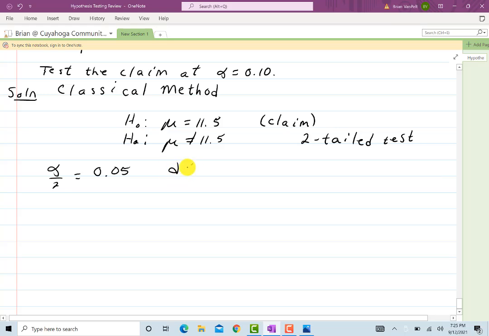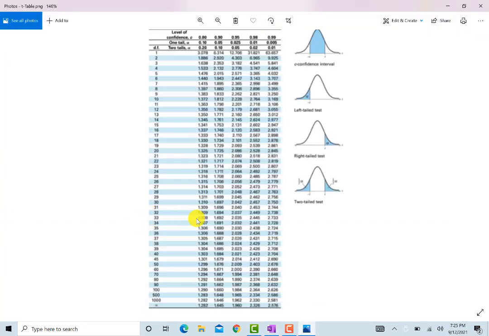Our degrees of freedom, in this case, df, is 34 minus 1, and that's 33. So alpha is 0.05, df is 33, and we're ready to get our t naught. Remember, you're going to get a positive and a negative because it's a two-tailed test. I'm looking at the 33 row, but the 0.05 column. Now I need two tails. See it? Degrees of freedom, two tails, 0.05.